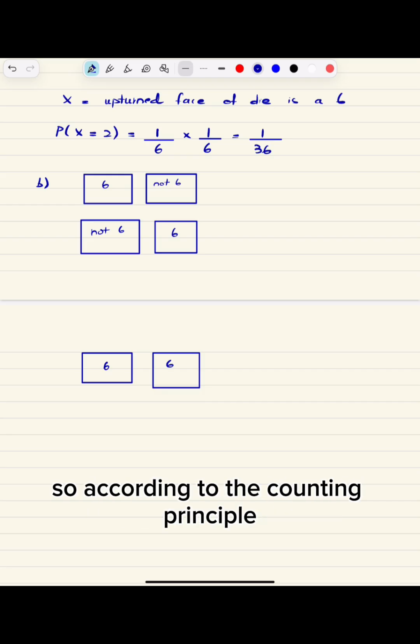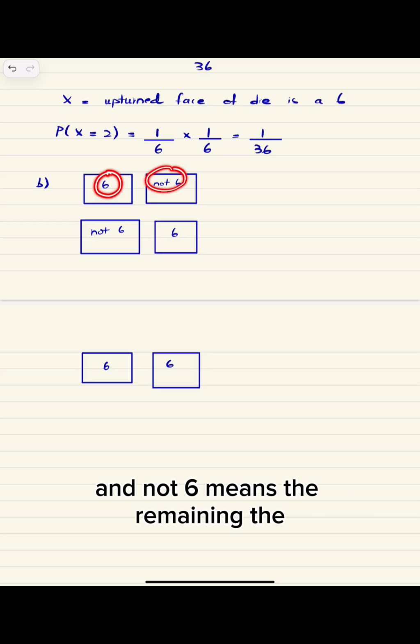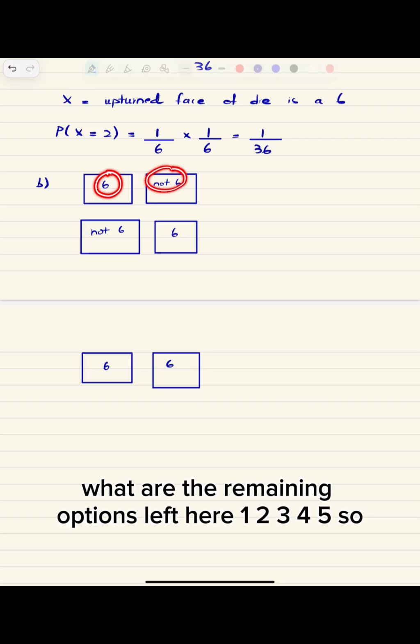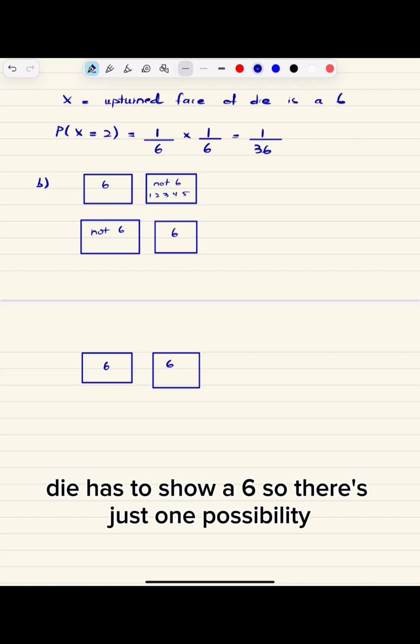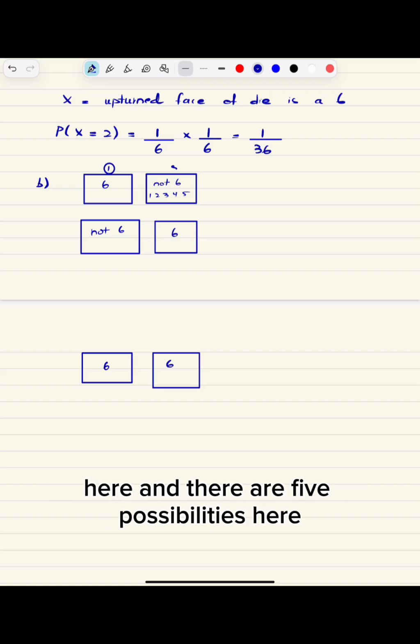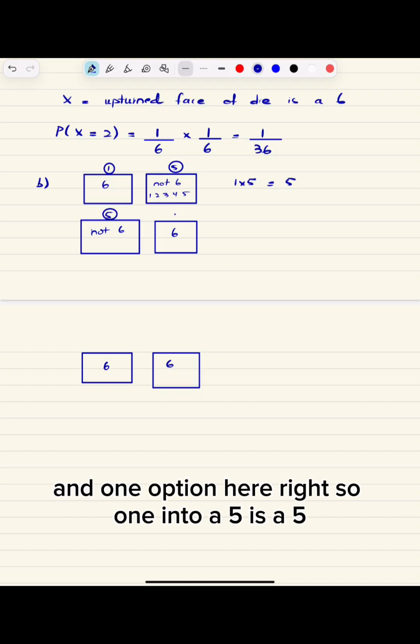So according to the counting principle, if there's just one option here, and not 6 means the remaining, what are the remaining options left here? 1, 2, 3, 4, 5. So the first die has to show a 6, so there's just one possibility here and 5 possibilities here. So 1 into 5 will give us a 5. Not a 6: 5 options here and 1 option here, so 1 into 5 is a 5.